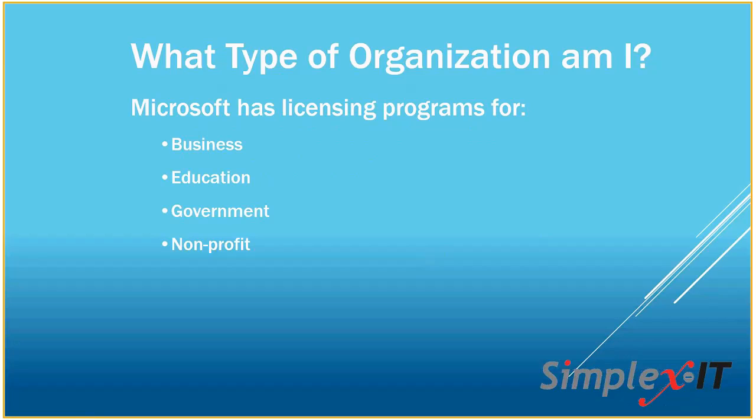A nonprofit purchasing Office 365, I think instead of an E3, it's a K3 or L3, a different letter 3. Instead of paying $20 a month, they pay like $7 a month. And for just the email and the E1, and we'll talk about what those are, it's actually free for nonprofits. You have to go through some hoops, but it's very much worthwhile.